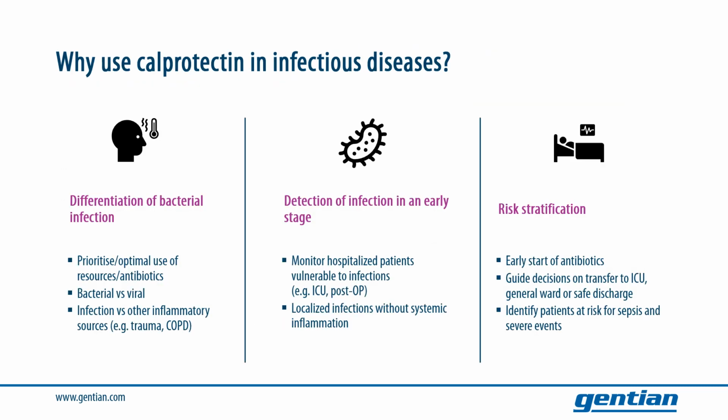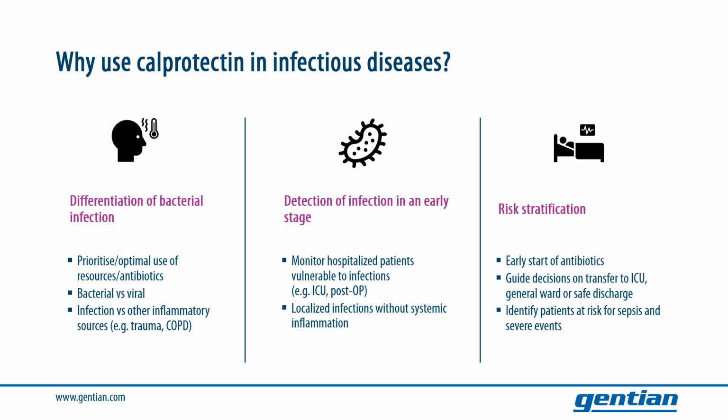So to sum up, why should you use calprotectin in bacterial infections? The first advantage lies in the differentiation of bacterial infection from both viral but also other sterile inflammations. The growing concern of antibiotic resistance calls for the cautious use of antibiotics.